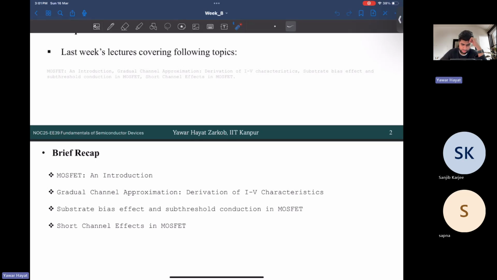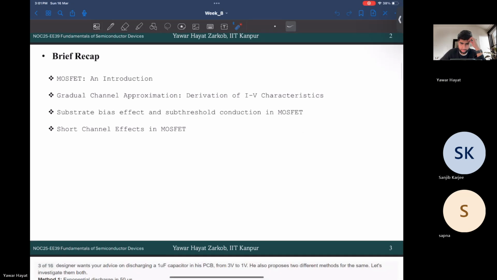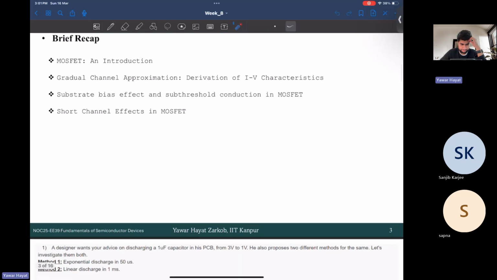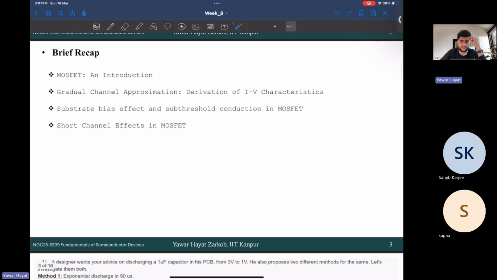And then you saw some short channel effects in MOSFET, right? Is there anything that needs to be discussed as a recap? No? Okay, I'll assume you don't have any doubts.